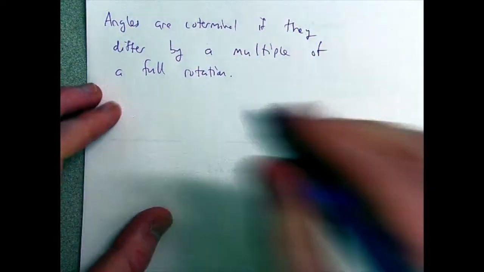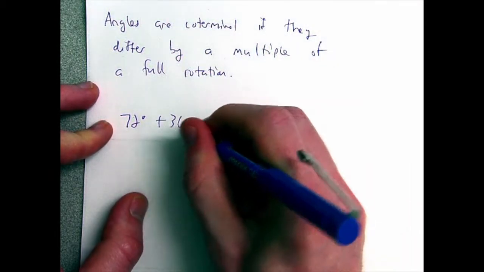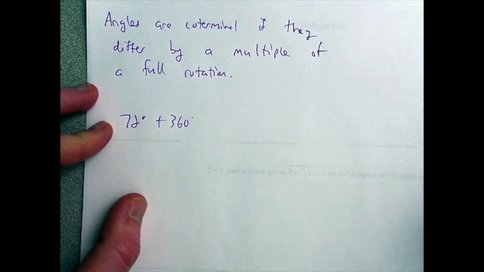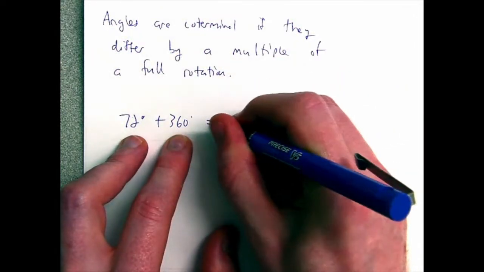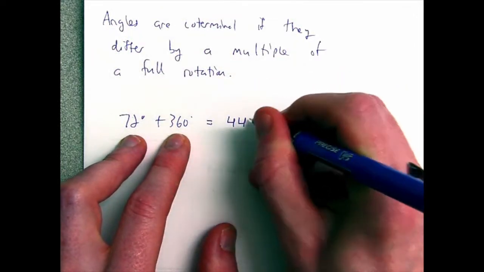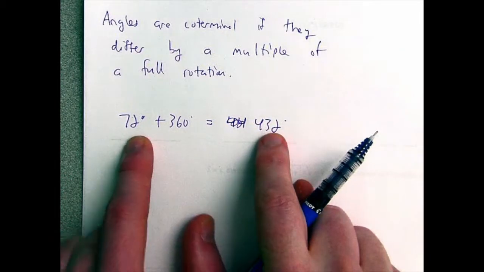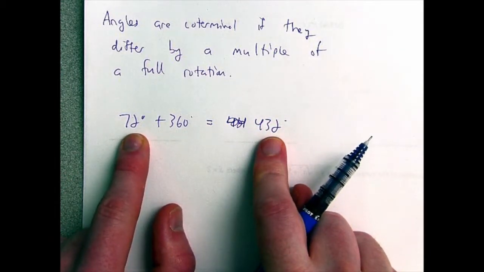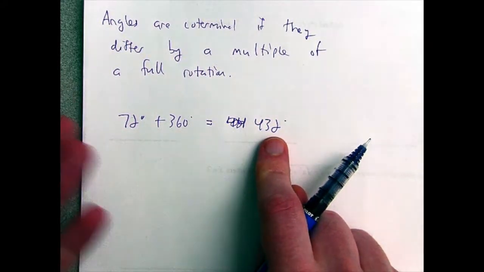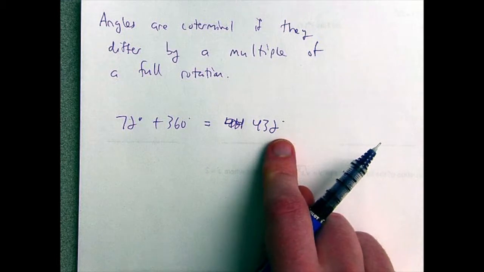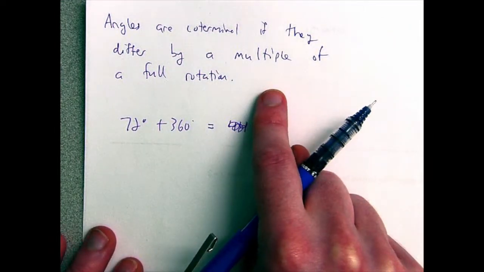If you take an angle like 72 degrees and you add 360 degrees to that, in other words, you add a full rotation, that resulting angle, which is, I guess, 432. 432 and 72 are coterminal angles because they differ by a full rotation. Obviously, if you add a full rotation to an angle, you're going to land in the same place. You're just going around the circle a full time.